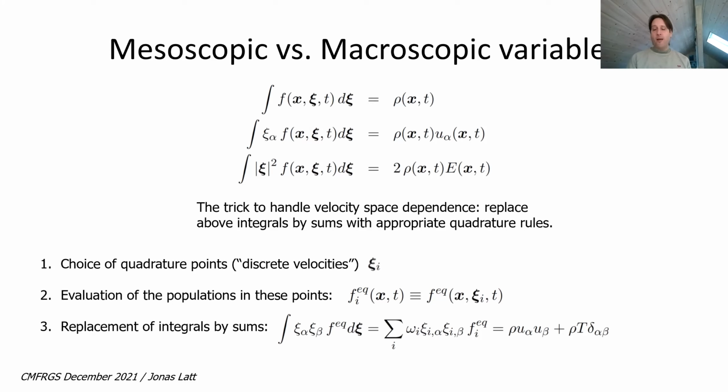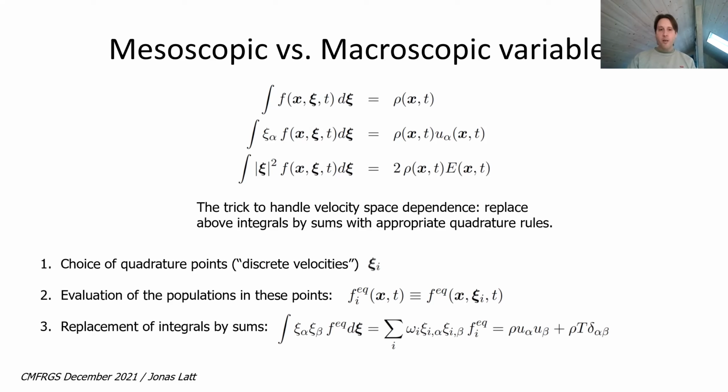And when you evaluate the macroscopic variables, you simply replace all the integrals by appropriate sums, chosen with quadrature rules that give exact results if the distribution function is a polynomial of a certain degree. So that's the basic idea.